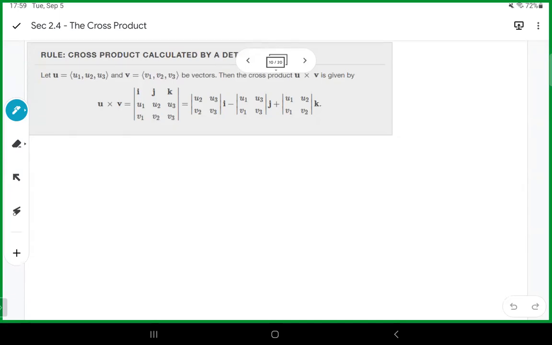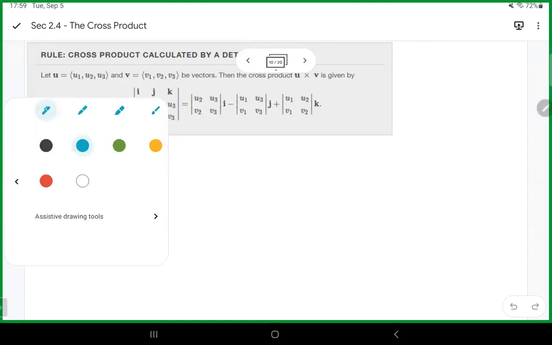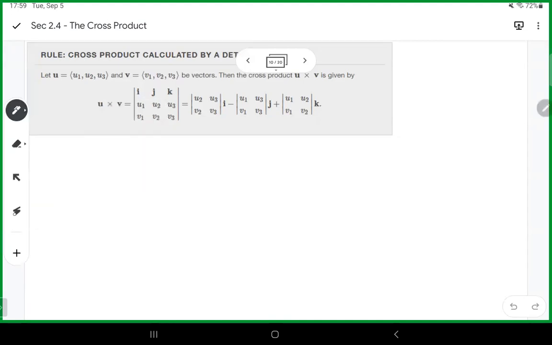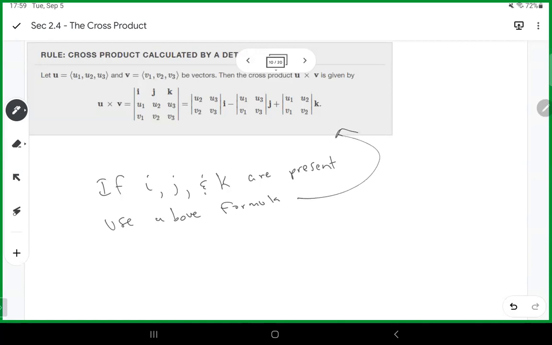So this slide is basically saying, if I, J, and K are involved, you don't have to worry about writing all of it out.